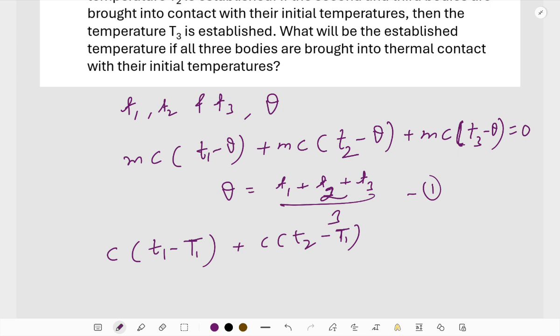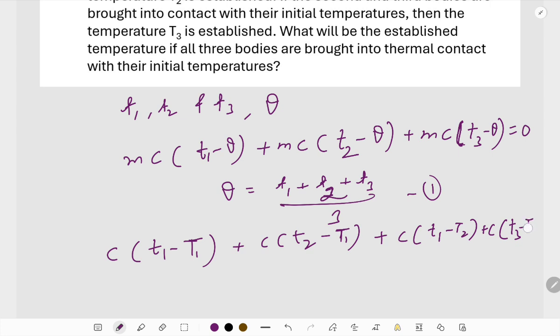And then the first body and the third body, and the established temperature was small t2. So one of them must have lost something. I'm writing in this manner: c(T1 minus t2), the final temperature established, plus c(T3 minus t2).